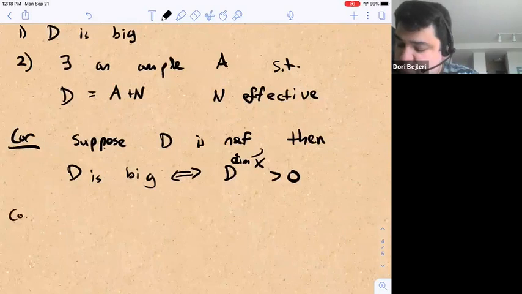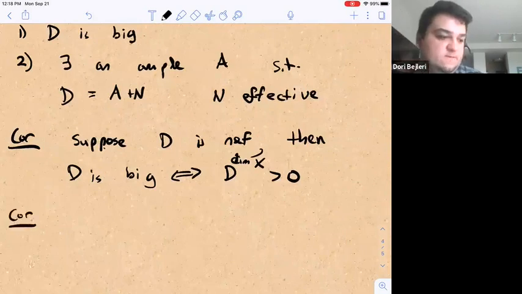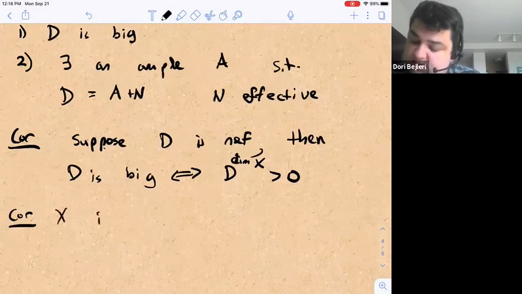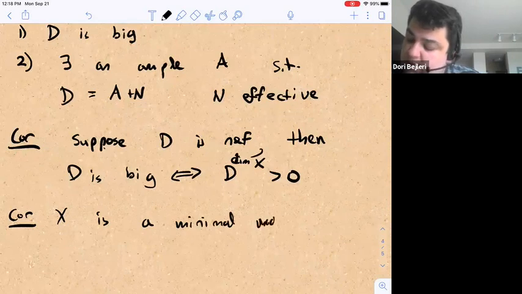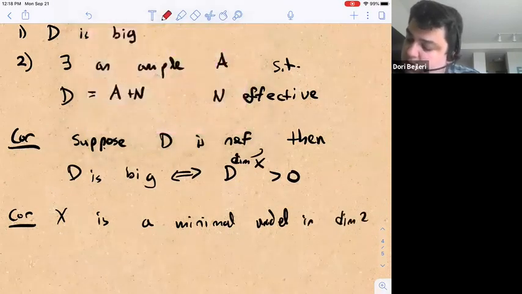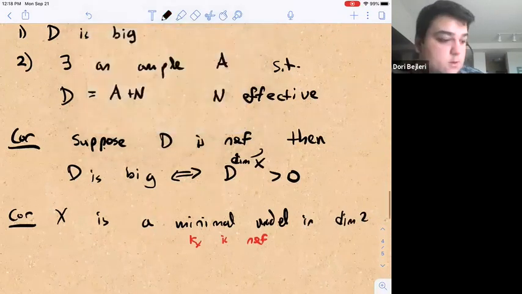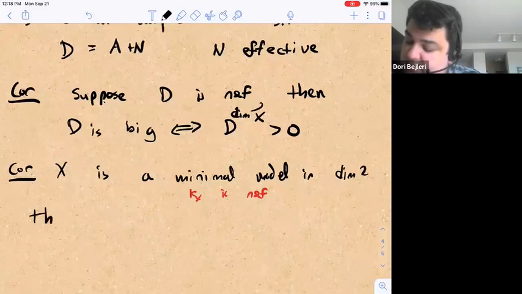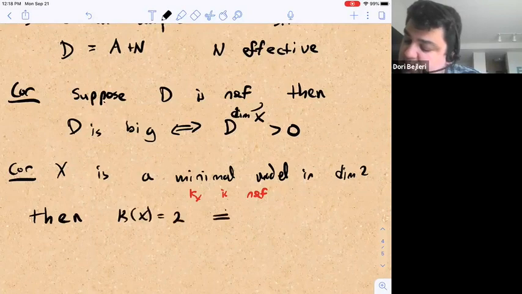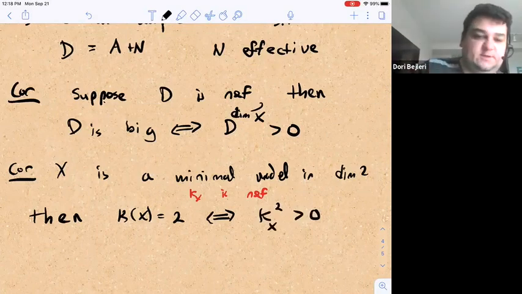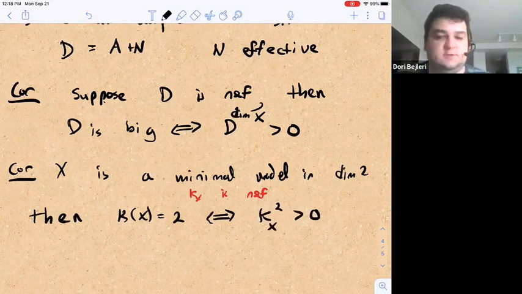And the important corollary for this week is that if X is a minimal surface, or a minimal model in dimension 2, so K_X is nef, then we have this numerical criterion for the Kodaira dimension. Then the Kodaira dimension of X is 2 if and only if K_X squared is greater than 0. So that's really the statement that we're going to use a bunch of times today and Wednesday.